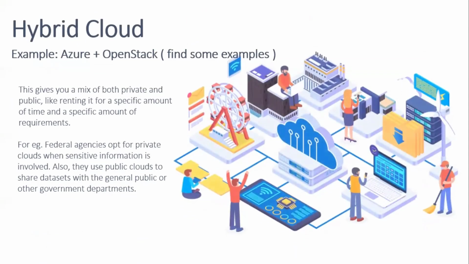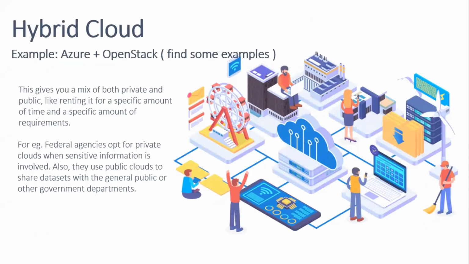So next one we have is the hybrid cloud. Hybrid cloud is basically a mix of both private and public clouds, where we use only a few services from the public cloud environment, and the remaining we host on the private cloud.